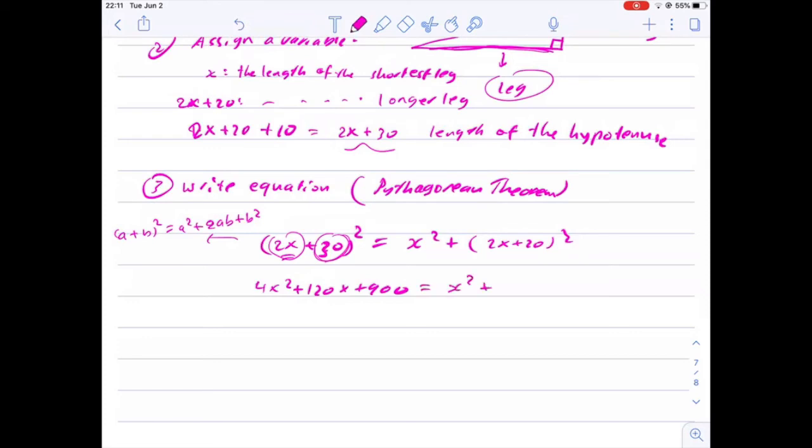The right hand side is x squared plus, now we apply the same formula here, the square of the first term is 4x squared plus 2 times a times b, 2 times 2x is 4x times 20 is 80x plus 20 squared is 400.